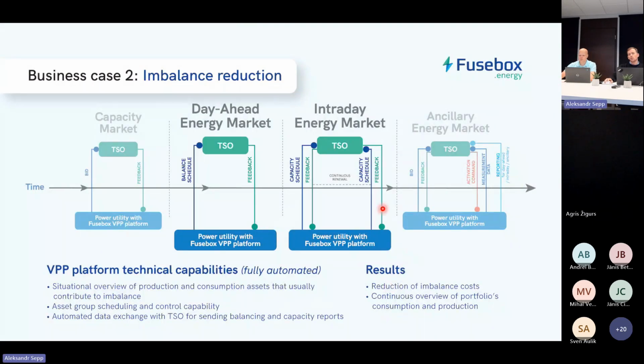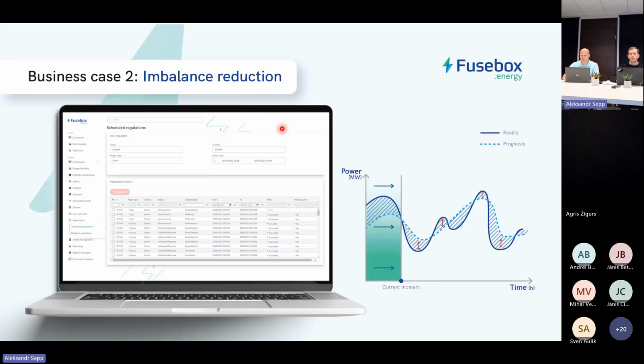Also, in addition to imbalance reduction, I would like to mention that it can be a part of the intraday trading of that particular energy company. Maybe I will just jump straight to how we do it and then come back to the results.